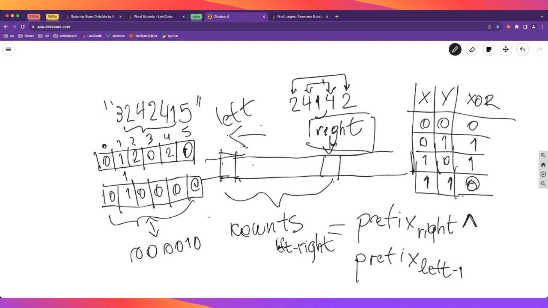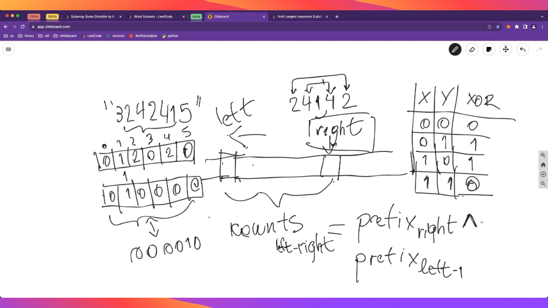We cannot go over all the subarrays. We only have right. And we said that we wanted to find a subarray whose counts are represented by a number that only has either one bit on or is all 0.